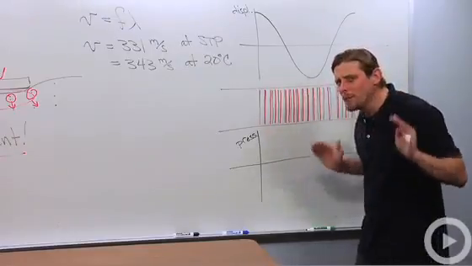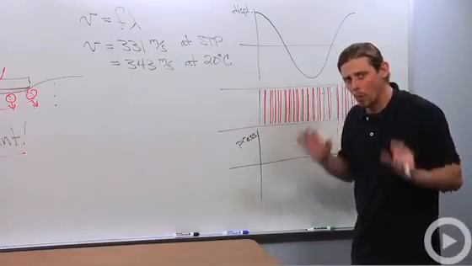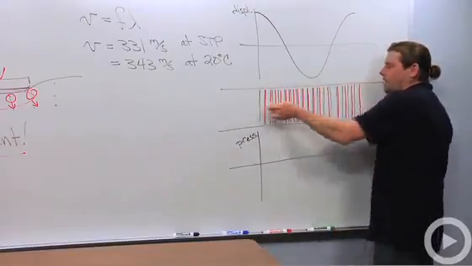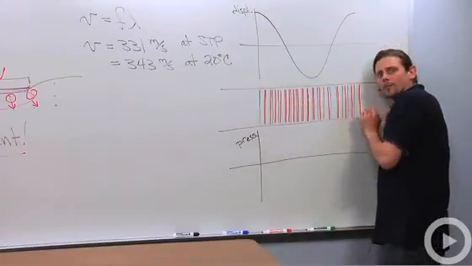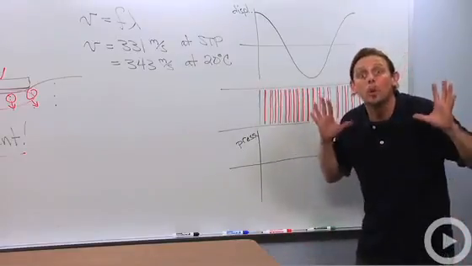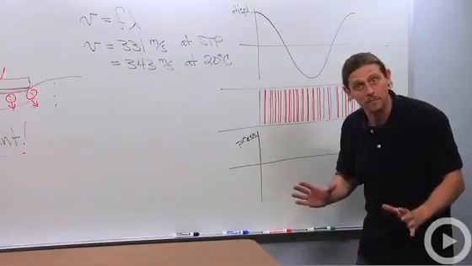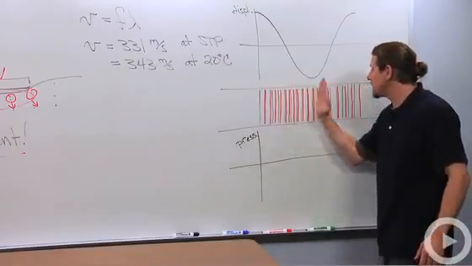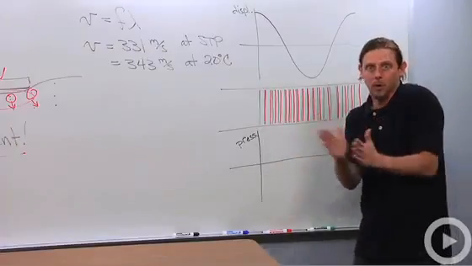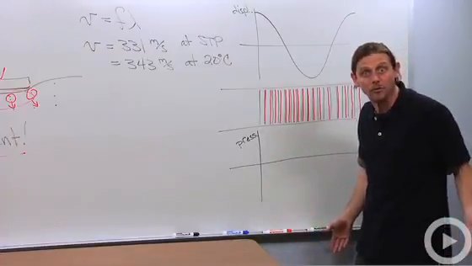This is a little bit difficult to understand the first time you see it. So what I've done here is I've drawn a column of air. The black lines represent where the molecules are supposed to be. These are equally spaced because in equilibrium, they're supposed to be equally spaced, not closer at some points and further away at others.